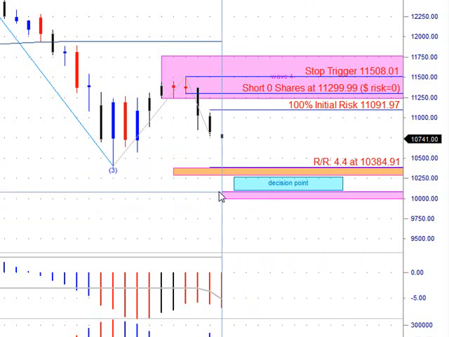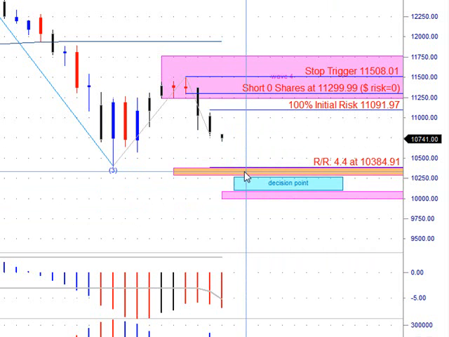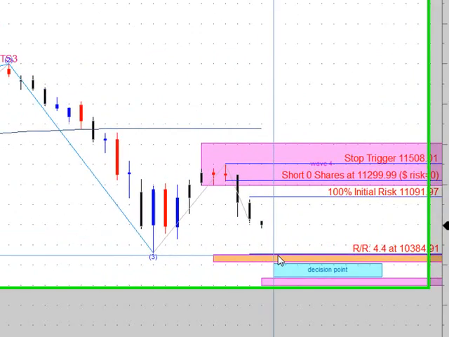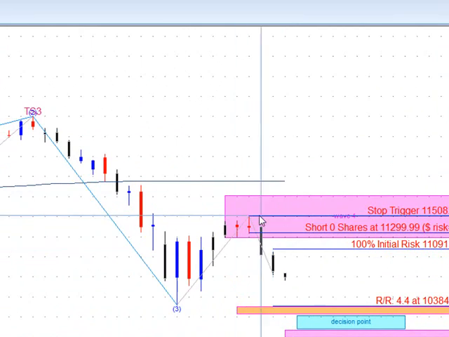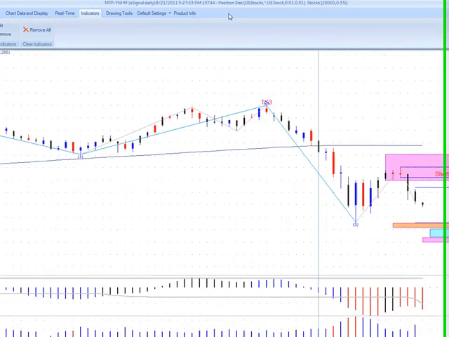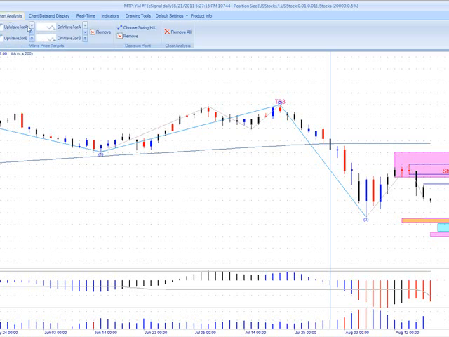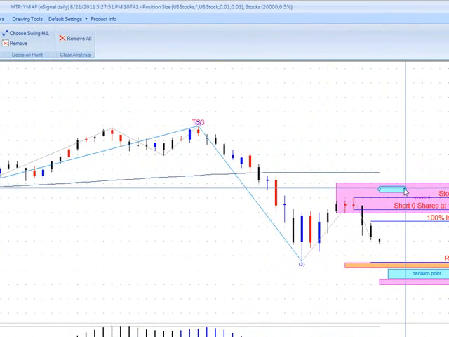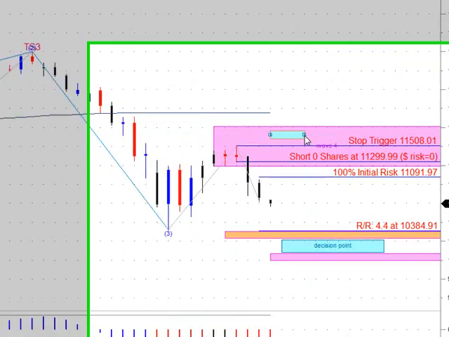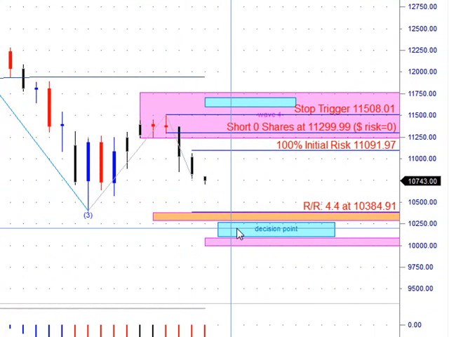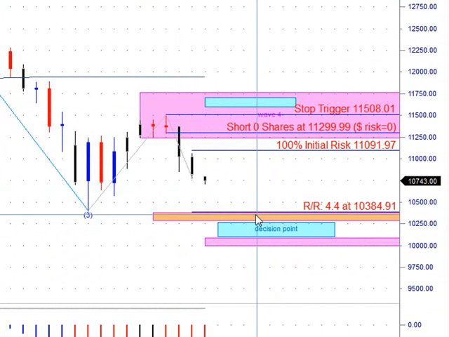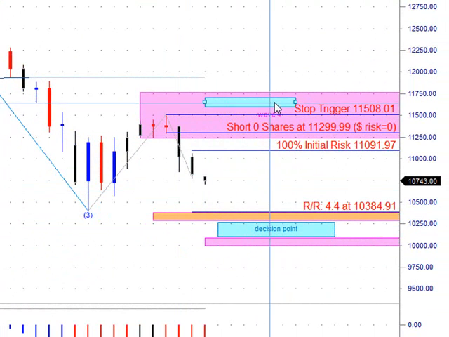If we get down to wave 5 here, then we should get a retracement back to this wave 4 DP. Don't know if it'll let us put the DP on yet. Yeah, there it is. So if we get down into this area, then we should or could see a correction back to this area.